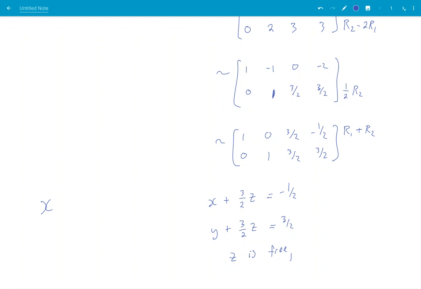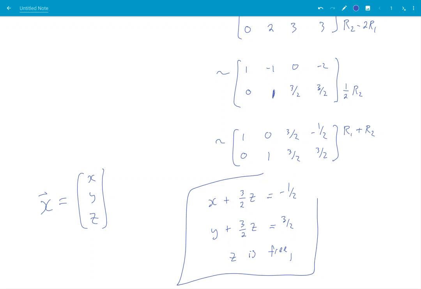The vector x which I'm looking for is x, y, z. So the question asks me to find just one of these, so I will take one of the infinity of solutions I found here. I'll take z equal to something convenient. I'll say z is equal to 2. That will do nicely.